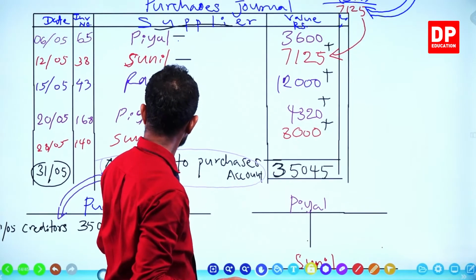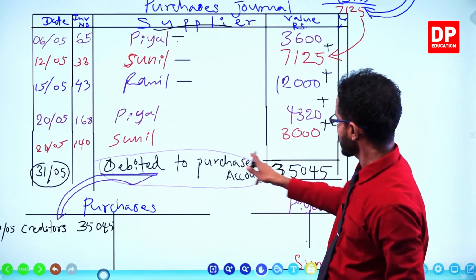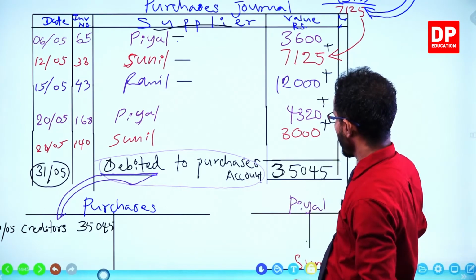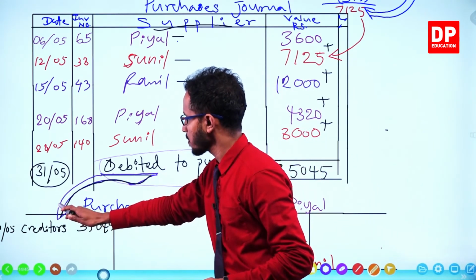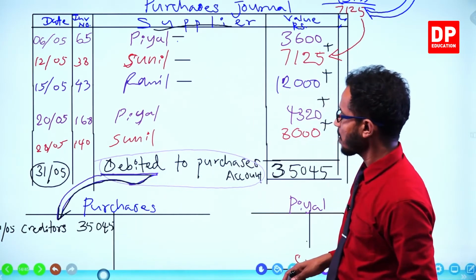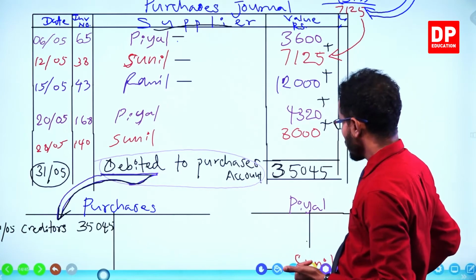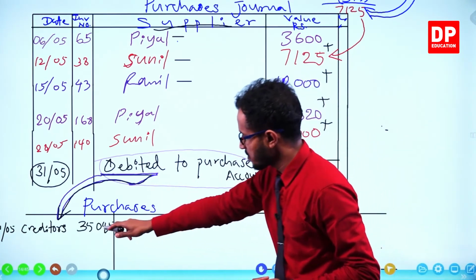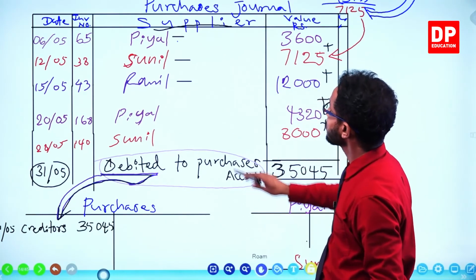Then, now that you have recorded the total purchases in the purchases account, that debit amount should be credited somewhere. Where do you credit?